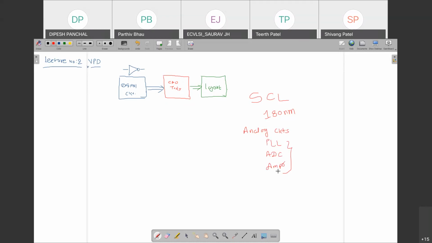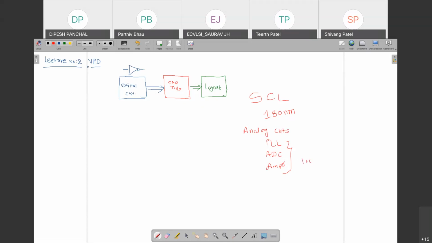Complexity is always very low in all these PLL, ADC, amplifier circuits. The reason is that there are so many constraints and specifications that need to be satisfied to design these analog circuits. Not just 3 to 4 like in the case of digital, but in the case of analog, so many constraints you have to satisfy, such that the complexity of the analog circuit is very low.